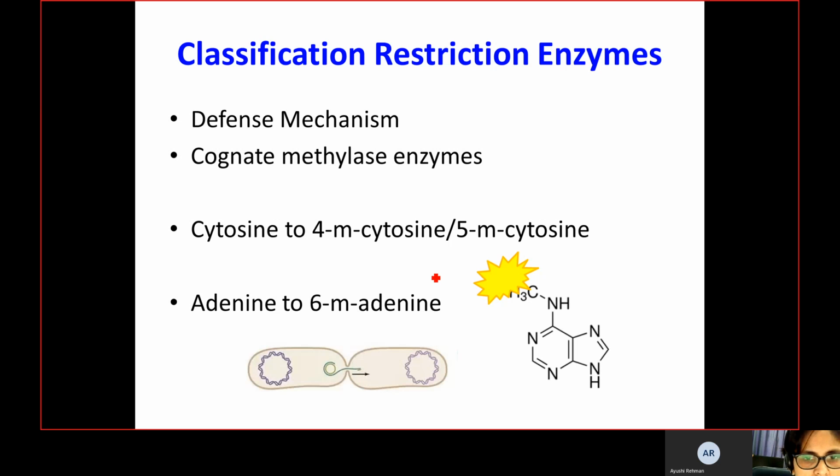Now on the bacterial gene, if you see, the restriction enzyme and its cognate methylase are mostly tightly linked. For example, there is one restriction enzyme gene going from here, and immediately next to it there might be the methylase gene also, not every time in the same orientation, but it can be in a different orientation.